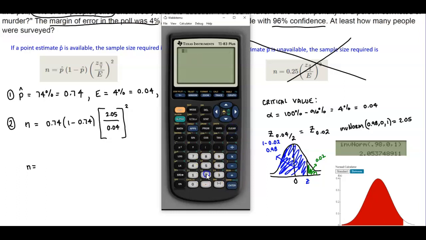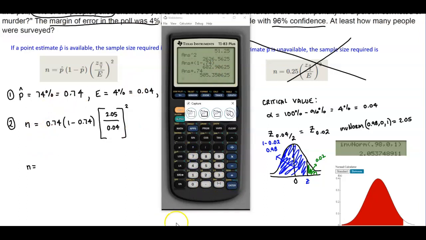Oops, let's do that again. 2.05 divided by 0.04, and then we square that, and then we multiply it by 1 minus 0.74, and then multiply that by 0.74.